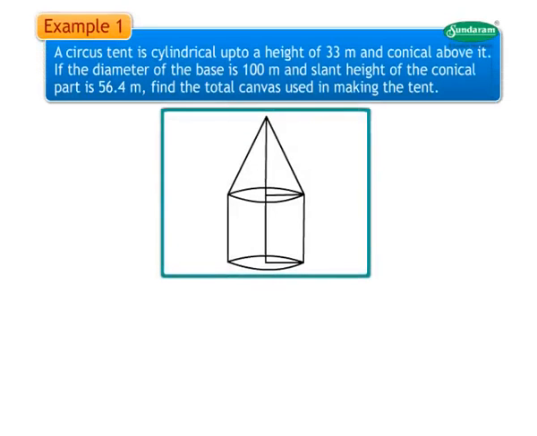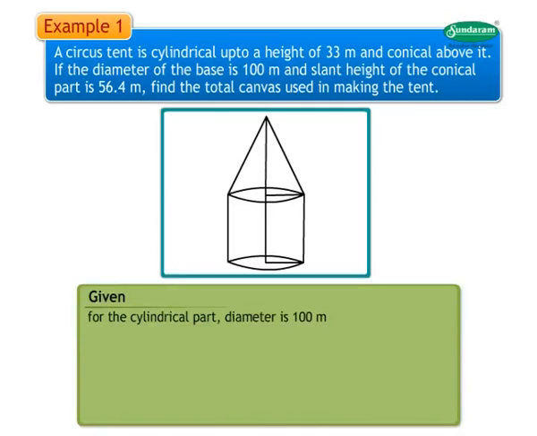Example 1. A circus tent is cylindrical up to a height of 3.3 meters and conical above it. If the diameter of the base is 100 meters and the slant height of the conical part is 56.4 meters, find the total canvas used in making the tent.